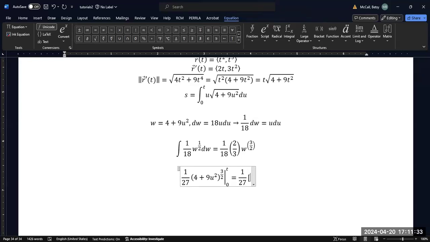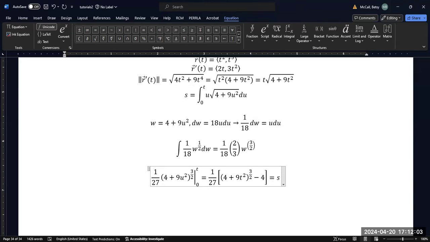Plugging in t is going to give me 4 plus 9t squared to the 3/2. And then when I plug in 0, I'm going to get -4. Now, all of that is equal to s.